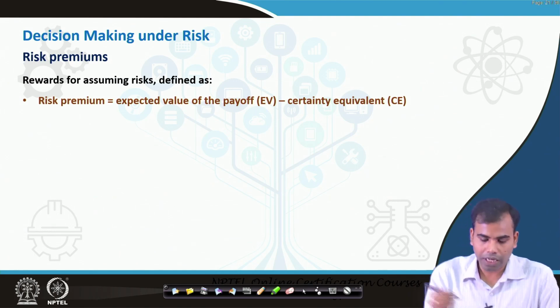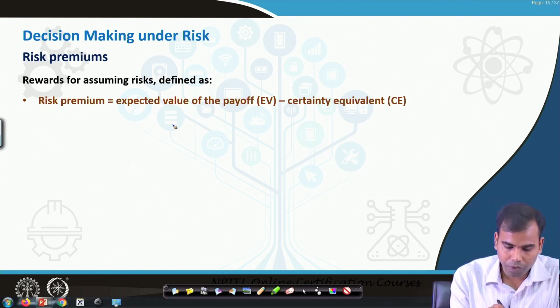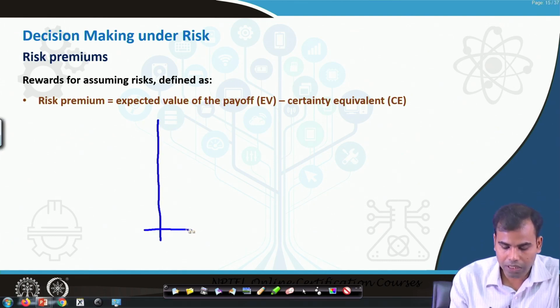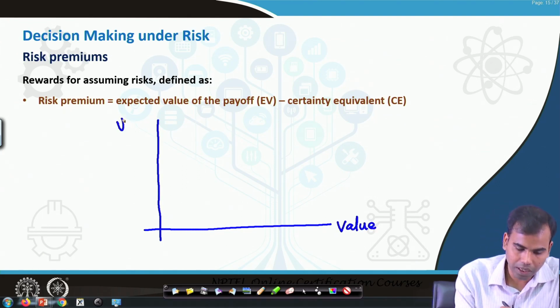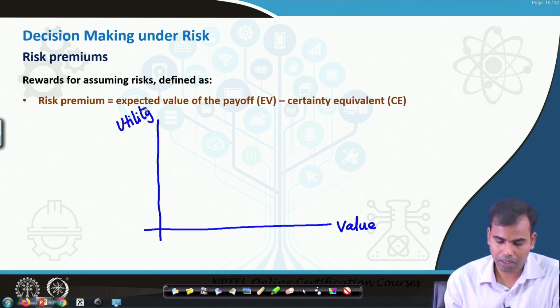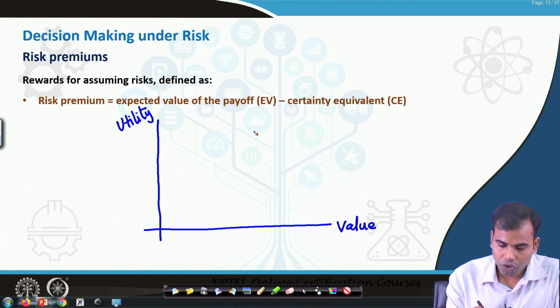So, if we try to show it through a graph, suppose this is our utility and value curve. We have value on one axis and utility on another axis. We should have a level where the expected payoff lies.